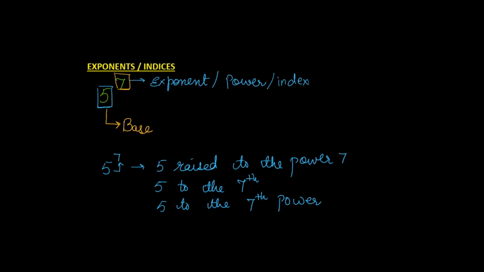We have said that exponent is repeated multiplication. So 5 to the power 7 is nothing but 5 multiplied 7 times. 1, 2, 3, 4, 5, 6 and 7. 5 multiplied repeatedly 7 times.